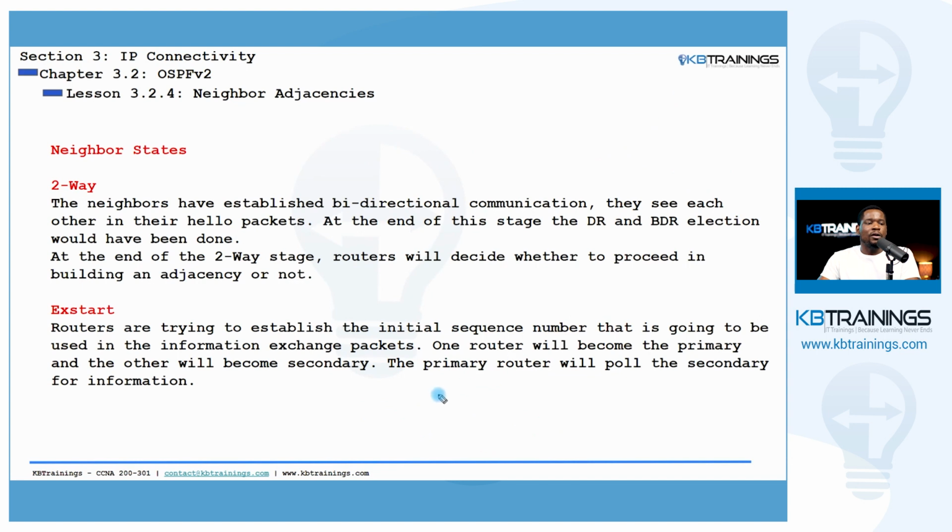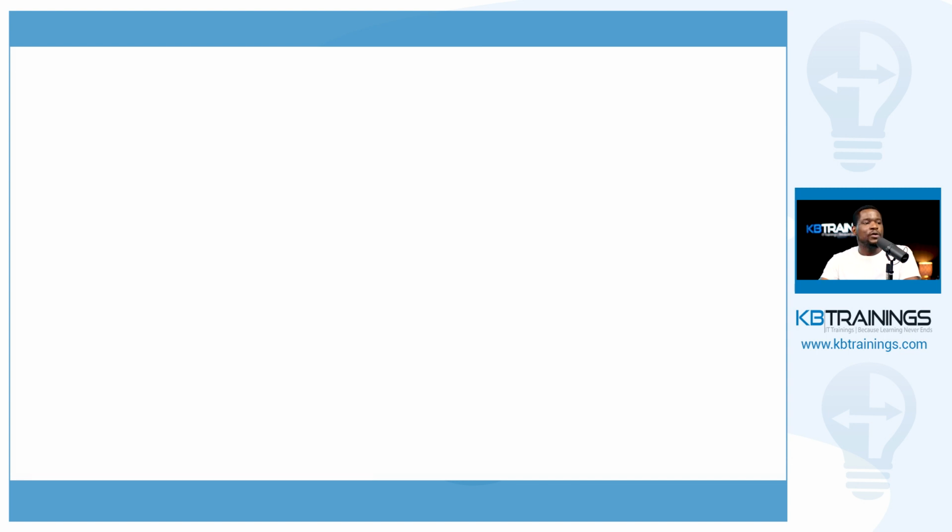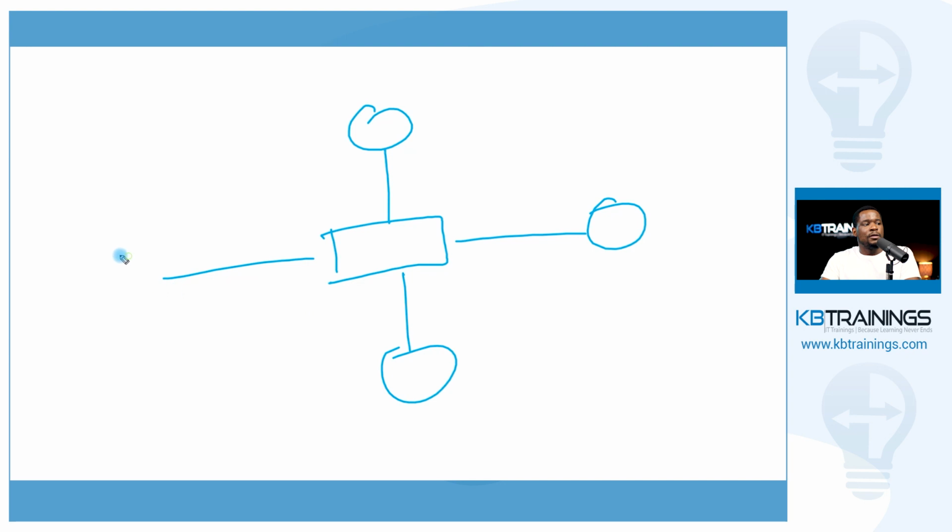And if you are not a DR or a BDR, let me show you here. Let's say we have a small broadcast network here with 4 routers that are sharing this same Ethernet segment. So let's say router 1 becomes the DR and router 2 becomes the BDR.